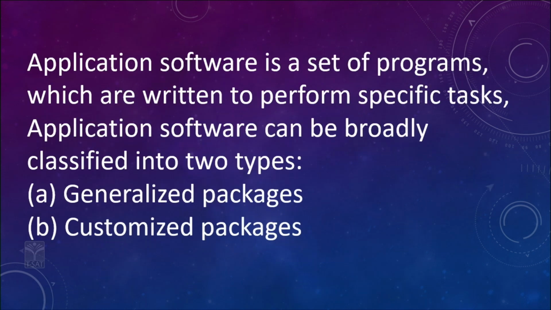Then, coming to the next one, application software. Application software is a set of programs written to perform a specific task and is classified into two categories. The previous one is general, to run the computer, where the computer has to perform various tasks given by the user.